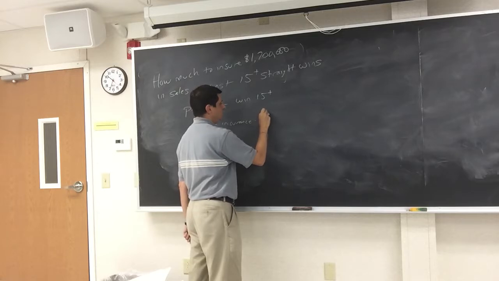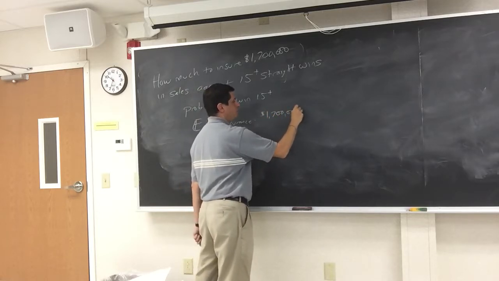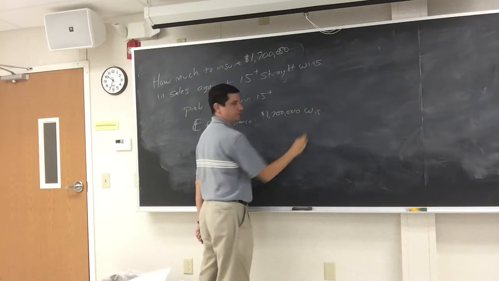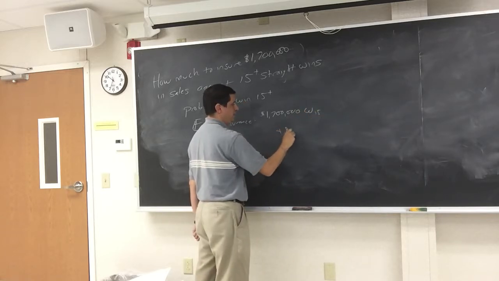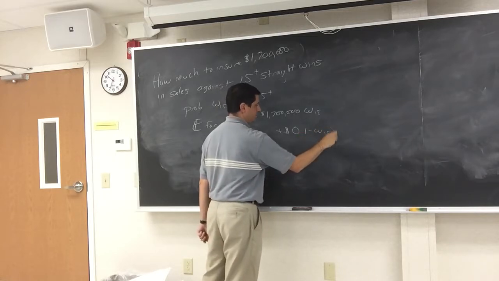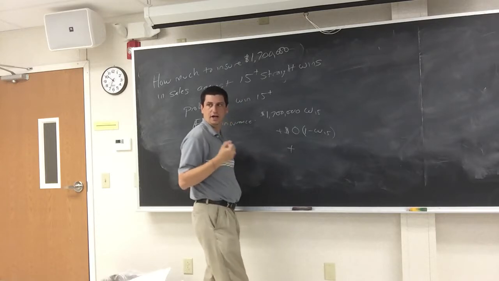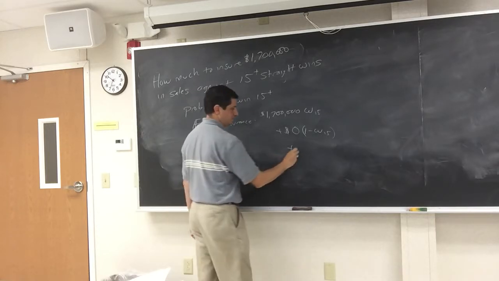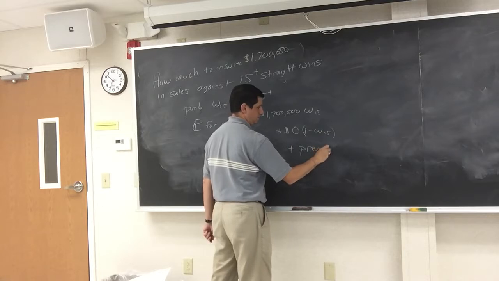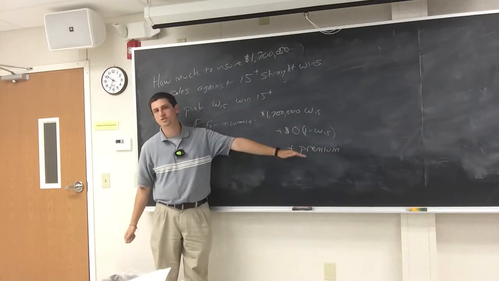We would have to pay 1.7 million with this probability, and we would pay nothing with the rest of the probability, and we always get the premium. And then you just choose whatever that premium is to make this equal 0.